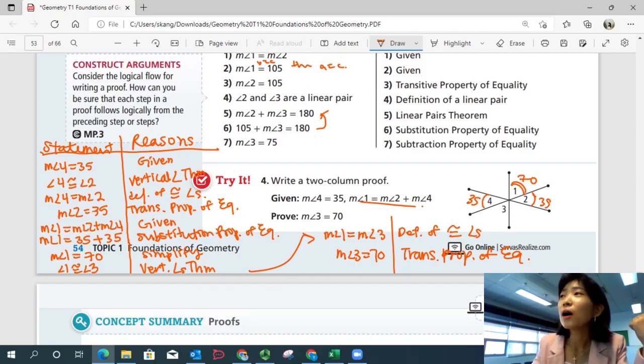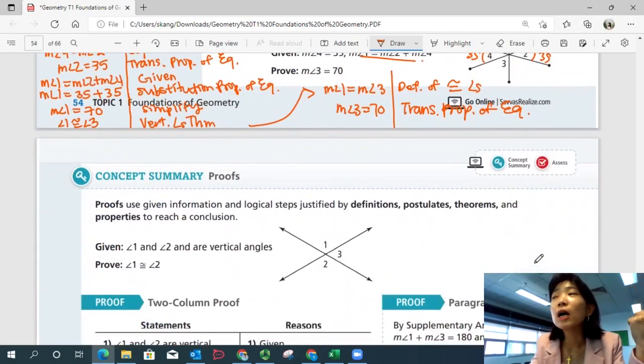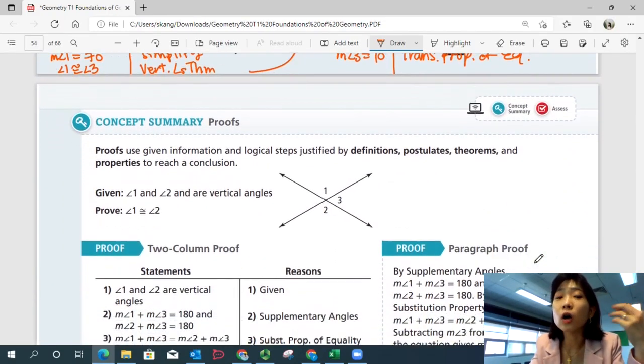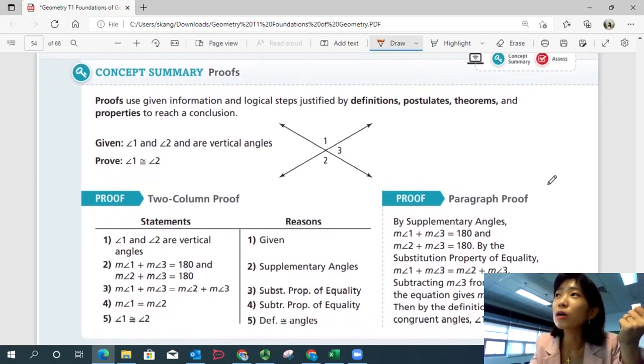I hope it does. Okay, so we are going to summarize our lesson. What did we learn in this lesson? A lot. We learned a lot about theorems, proofs, 2-column proof, paragraph proof, and some notations, right? So proofs use given information and logical steps justified by definitions, postulates, theorems, and properties to reach a conclusion.